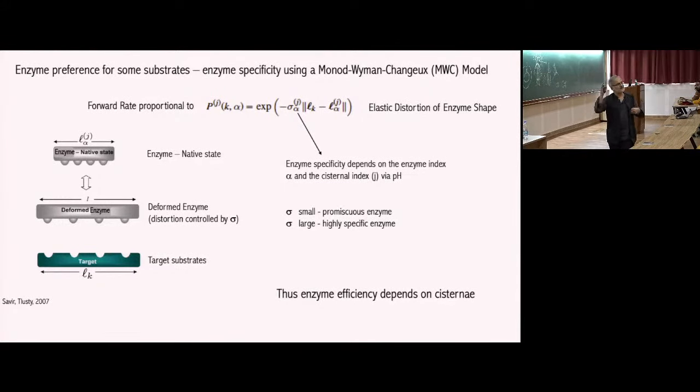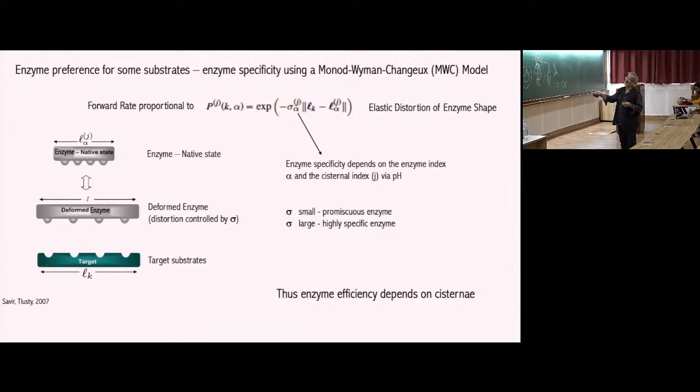And how does that happen? Remember in the first lecture I said every cisterna has a different physical variable. It has a different pH, right? The pH is known to affect molecular flexibility, chemical reactions, and so on. So in this model, we'll assume that the native state enzyme has a rest length given by L alpha J. And what we'll say is like a distortion model.